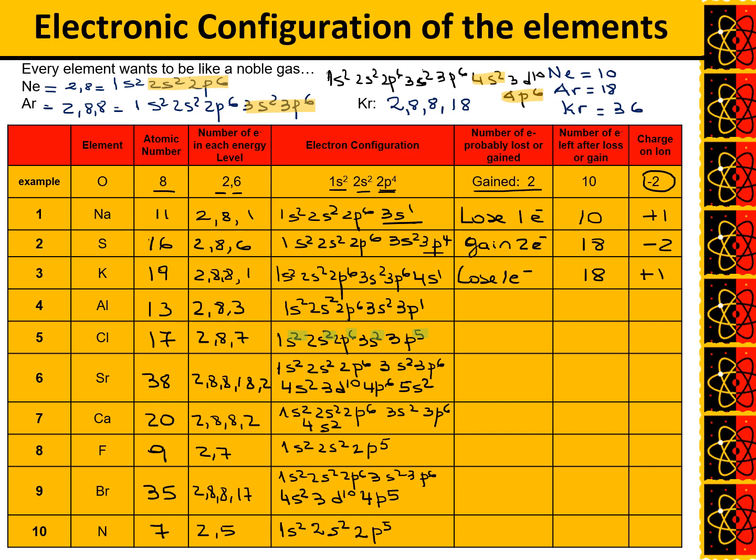This one, the atomic number is 38, so it's going to have 2 plus 2 is 4, 10, 12, 18, 20, 30, 36, 38. And this one is 2, 4, 10, 12, 18, and 2, 20. These are the 20 that we have here.